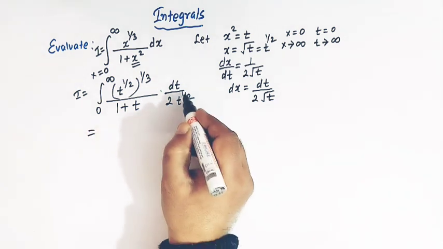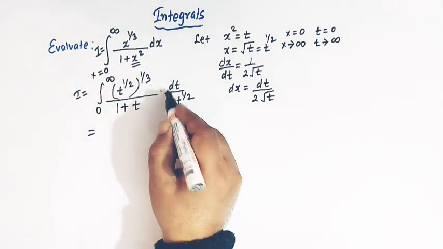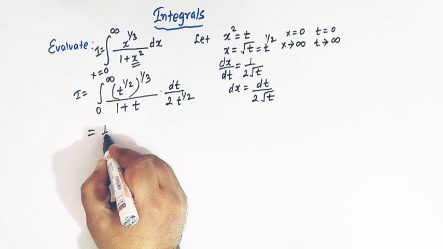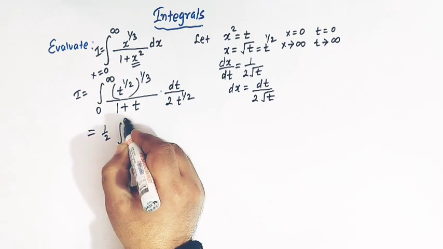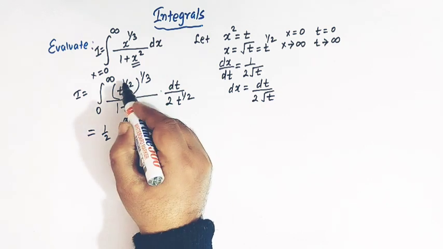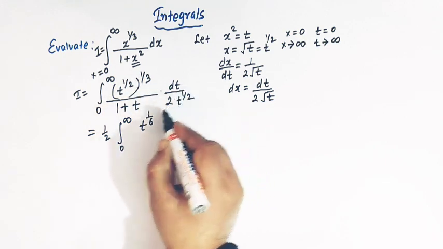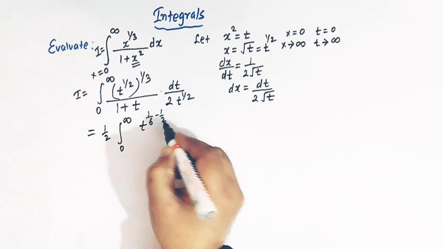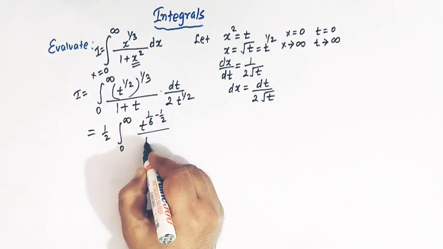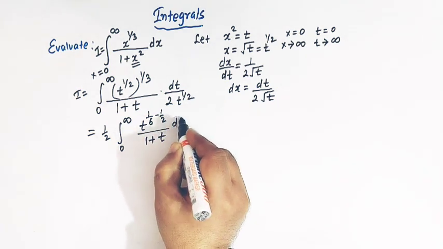So let us rearrange the terms. Now we can take half outside the integral. So we have half 0 to infinity t raised to 1 over 6, and taking this half to the numerator we have minus half, and then we have 1 plus t dt.